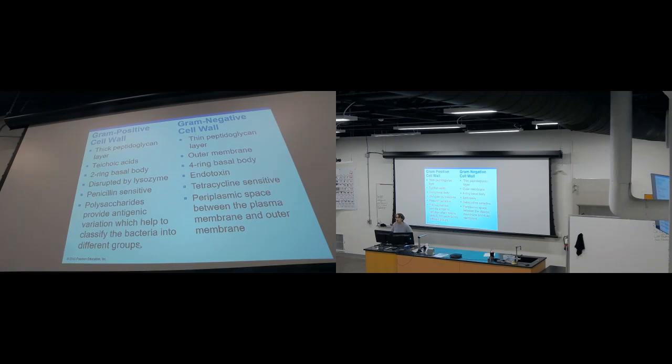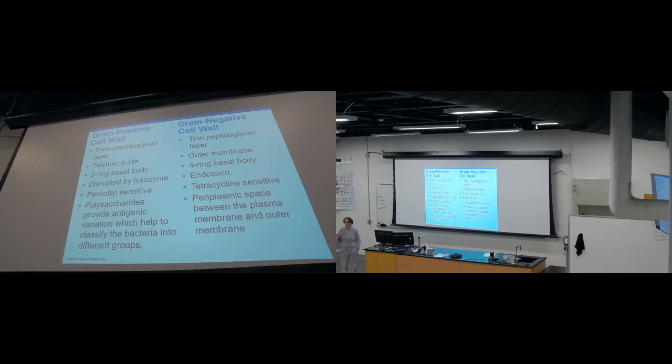Okay, so last time we looked at the differences between the characteristics of gram-positive and gram-negative microorganisms. That includes that gram-positives have a thick peptidoglycan layer, only one plasma membrane, and they have teichoic acids.